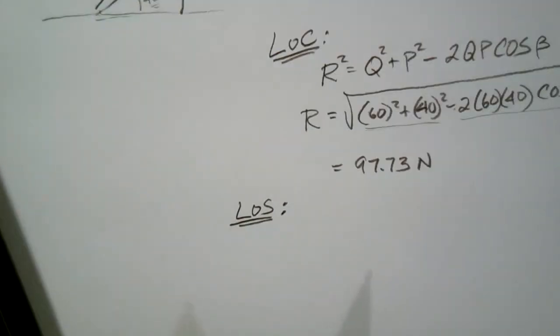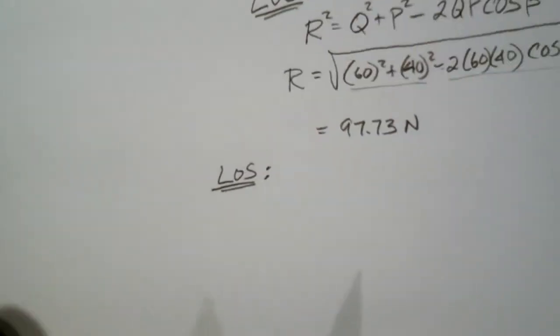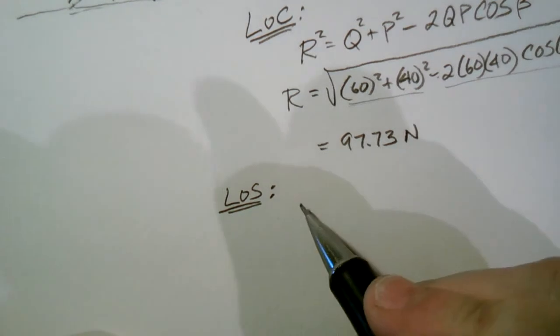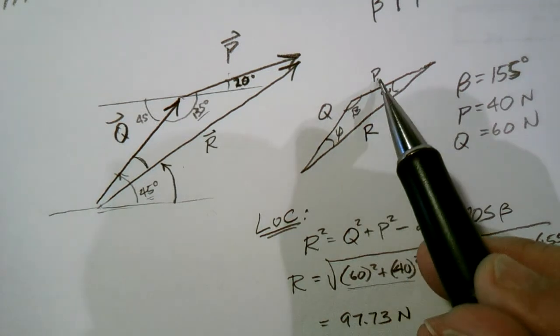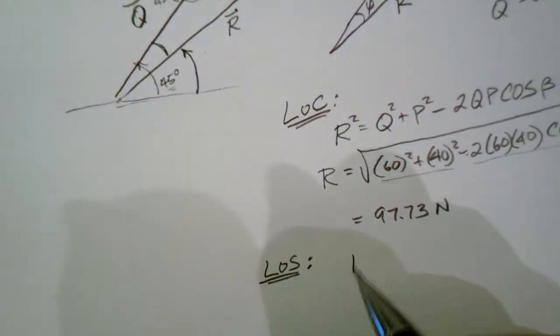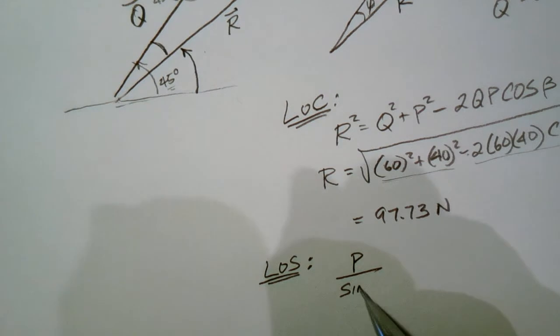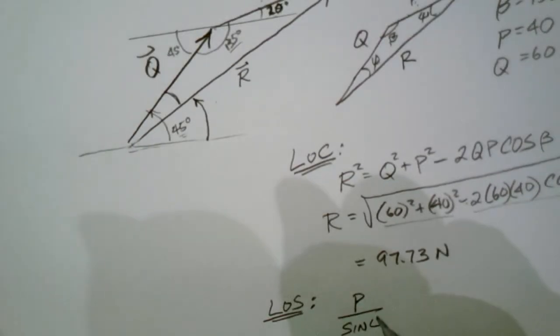All right, so the law of sines is going to be, let's see, the most useful one for me to find that phi. I know P is opposite phi, right? So I'm going to go P over the sine of, did I call it phi?